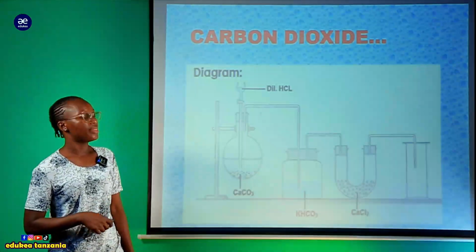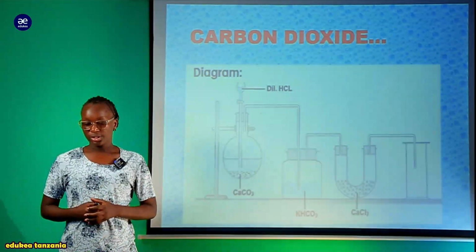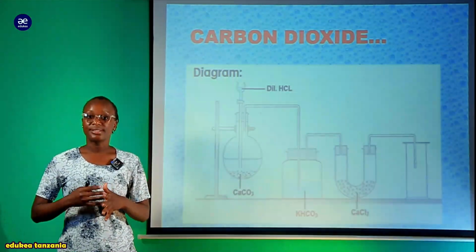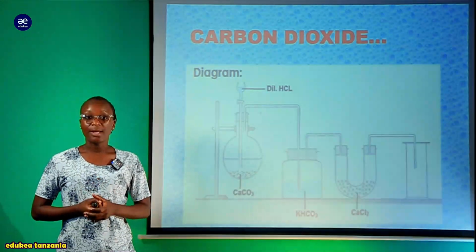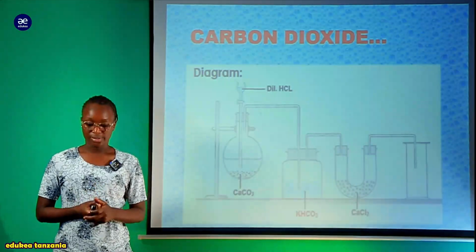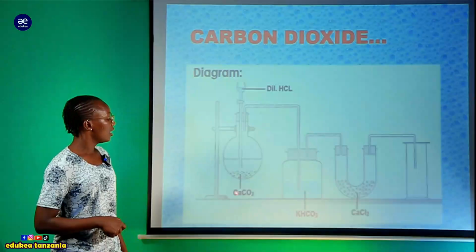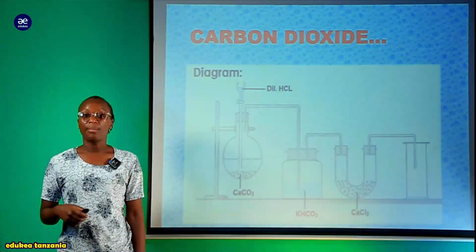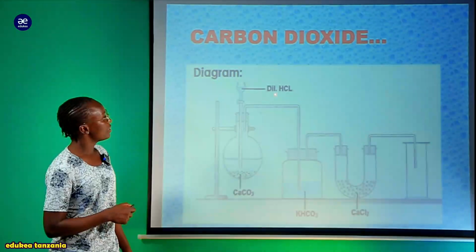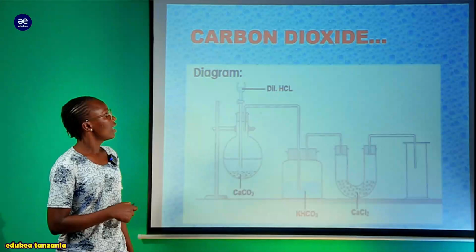My student, here there is a diagram which demonstrates the setup of the laboratory preparation of carbon dioxide. As you can see here, in our setup we have the calcium carbonate, which is our marble chips, and the dilute hydrochloric acid.